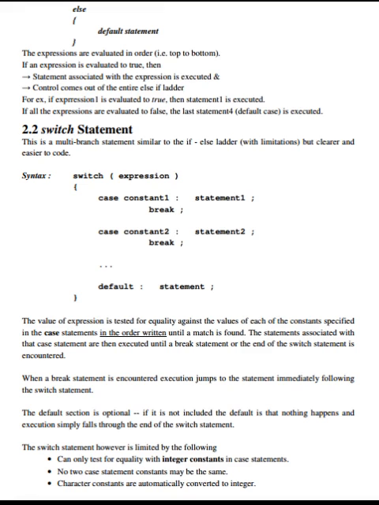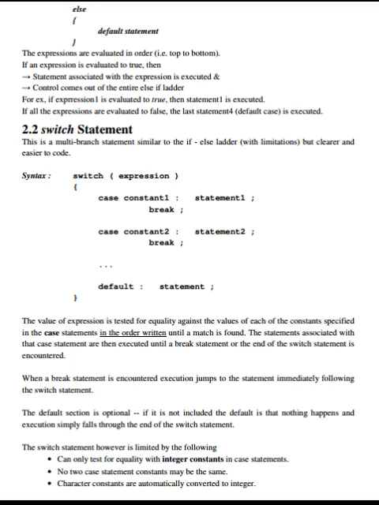Now let us see the switch statement. This is a multi-branch statement similar to the if-else ladder with limitations, but clearer and easier to code. See the syntax. The value of the expression is tested for equality against the values of each of the constants specified in the case statements in the order written until a match is found.